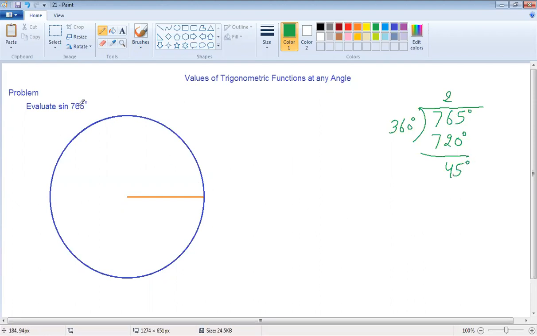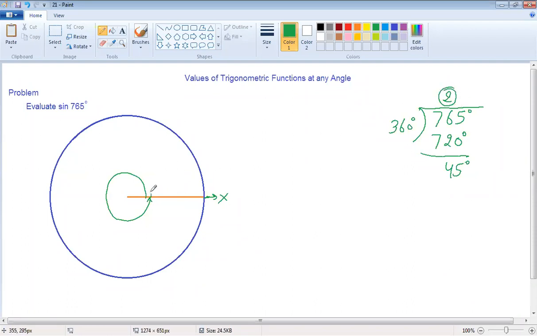So the 765-degree angle, how will we show it in the picture? Starting from the right-hand side of the x-axis, I have already drawn this line. This is the x-axis, the right side. Starting from this, we begin the rotation. In one rotation, we have completed 360 degrees. But we have got the quotient 2. It means 2 complete rotations are there.